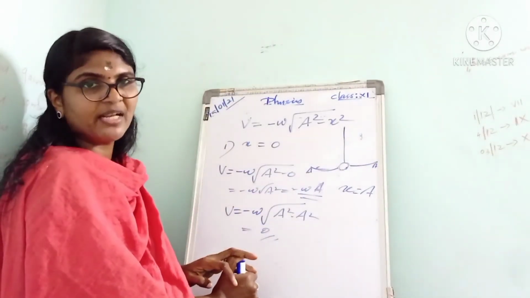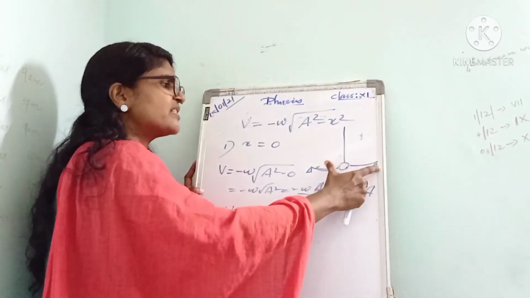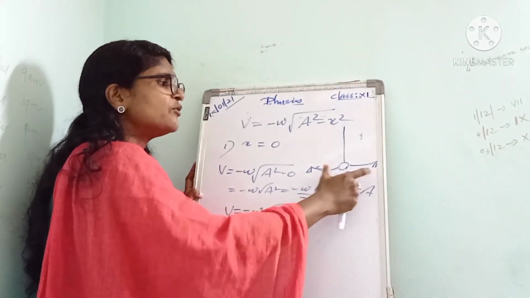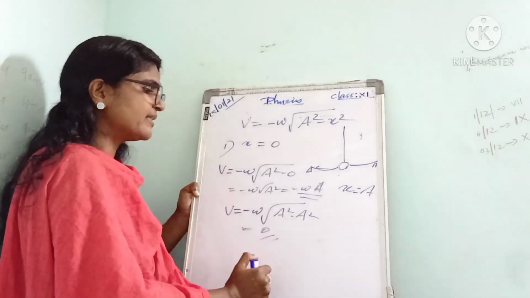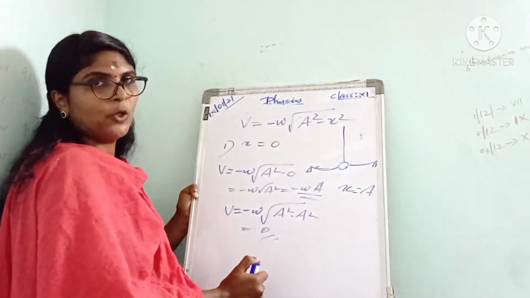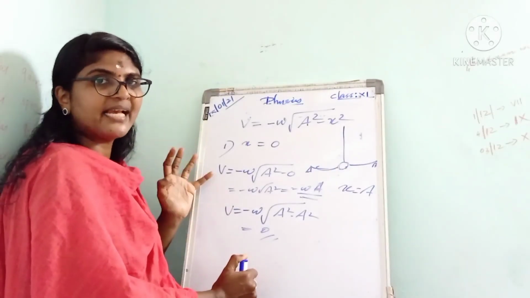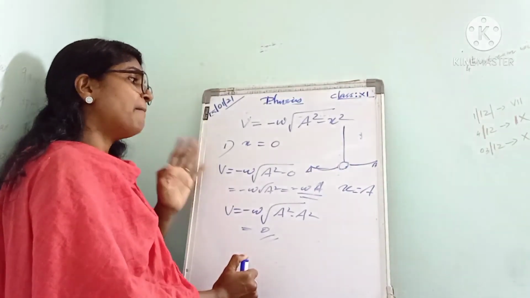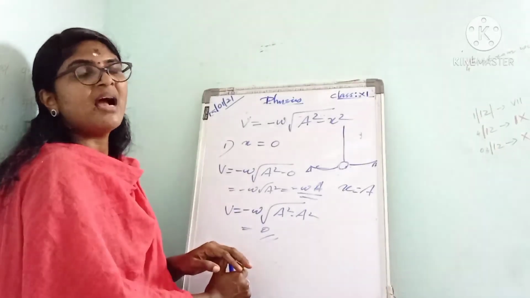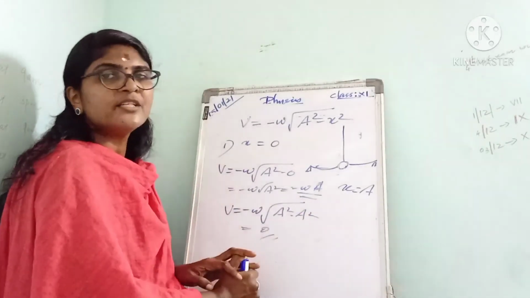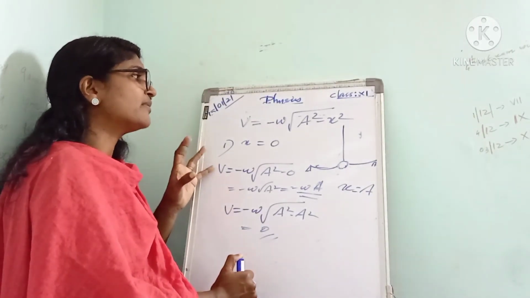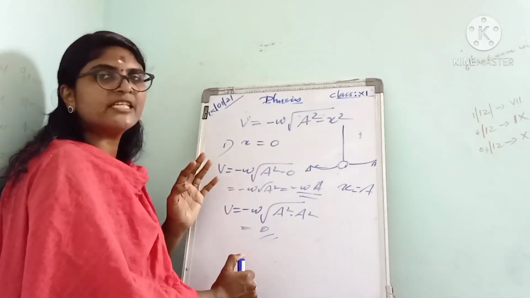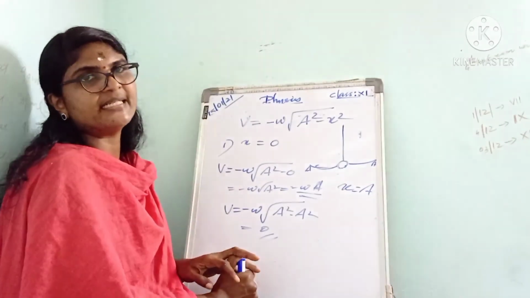That is the maximum velocity. But at the extreme position, the displacement is equal to its amplitude, so we can write minus omega square root of a square minus a square, which is 0. So we can say the velocity is maximum at the mean position and 0 at the two extreme positions. That is about the two special cases related to the expression for velocity.